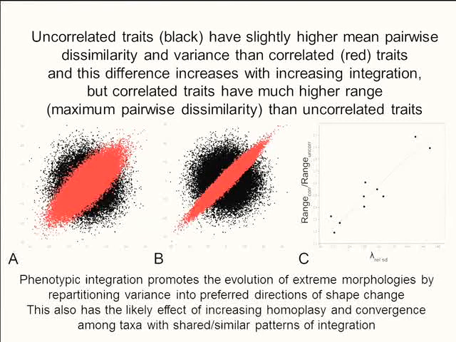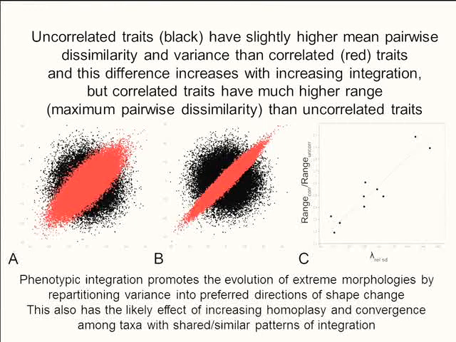And this, unsurprisingly to those of you who thought about this, is basically what you come up with. In red are the simulated correlated traits, and in black are the random traits that can do whatever they want. And this is for a sort of weakly integrated skull. This is for a highly integrated skull.